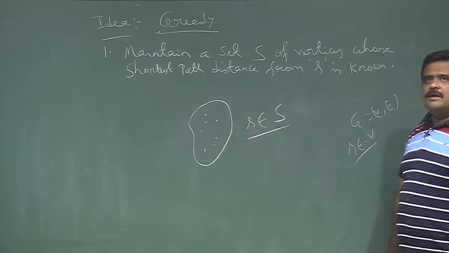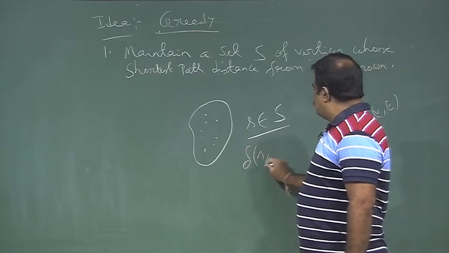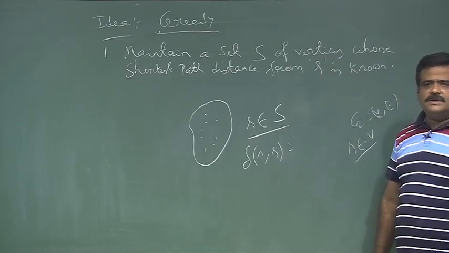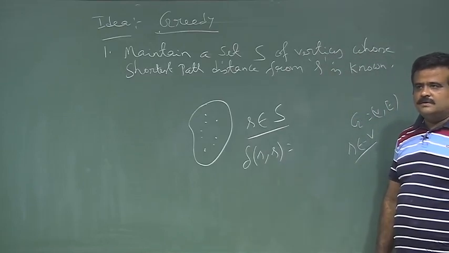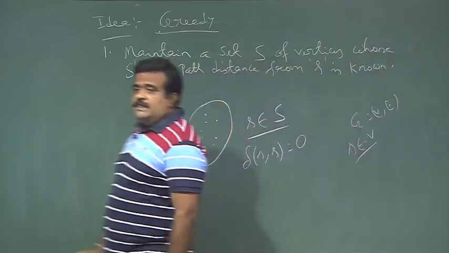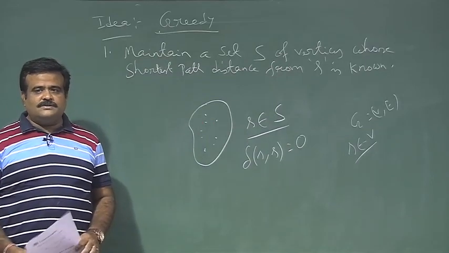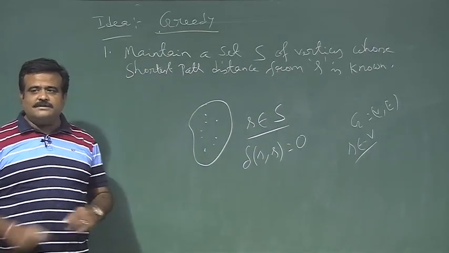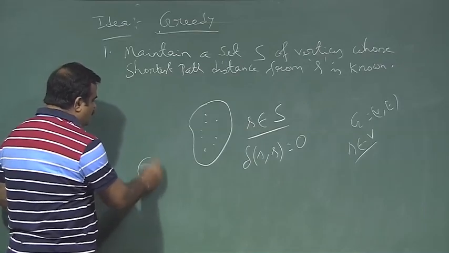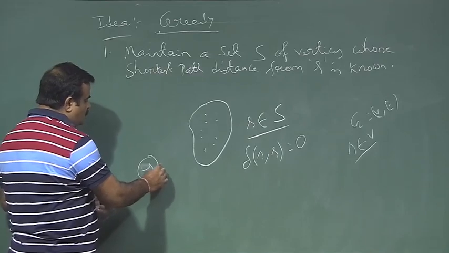Why? Because, what is the delta of s comma s? Any guess what will be the delta of s comma s? It is 0. Why? Because we are not having any negative cycle. There is no negative weight edge, so there is no negative cycle. So we are at vertex s. Now what is the shortest path from s to s?